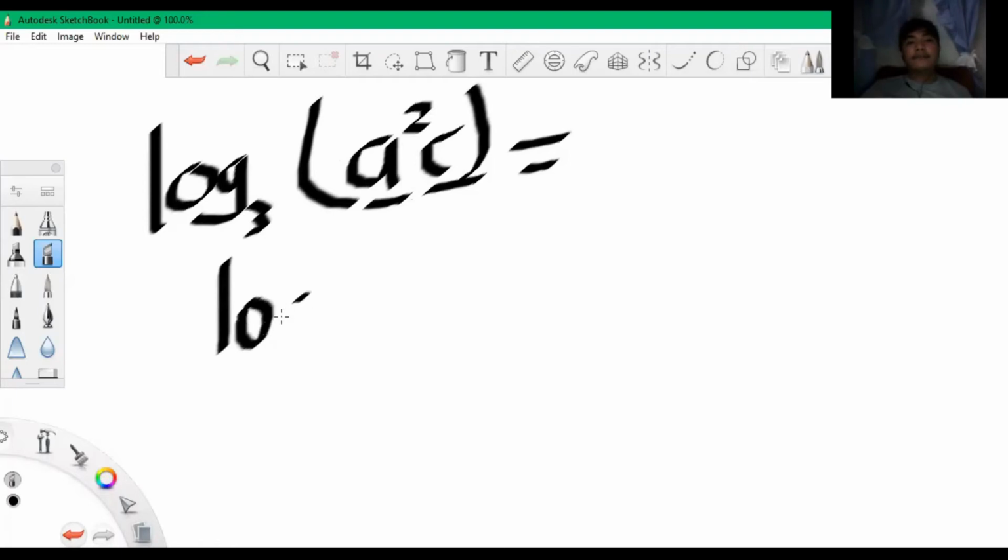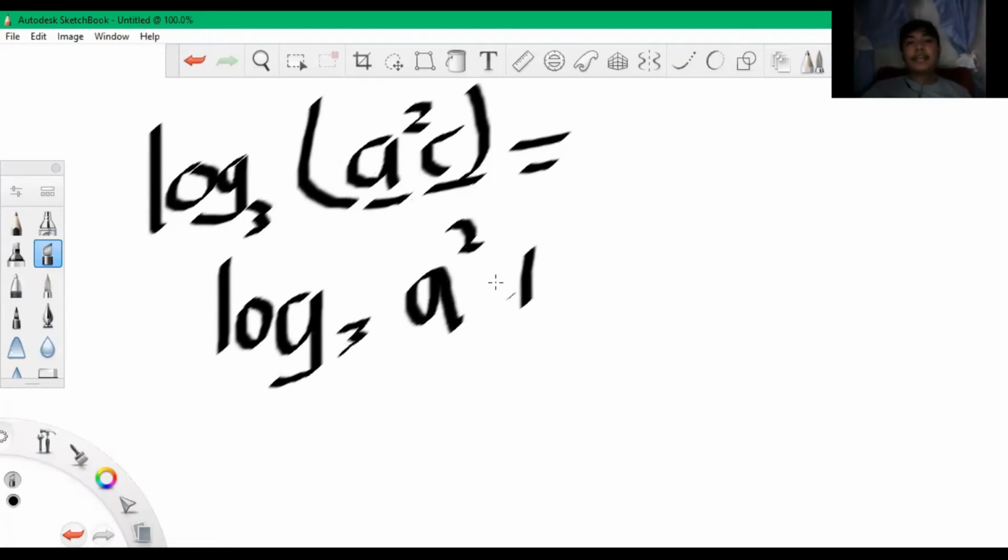We have the logarithm of a squared to the base 3 and it is separated by plus sign since this is a product rule. We are applying the product rule. We have the c and the a squared na magkatabi. So this is multiplication, the product rule. So write the logarithm of c to the base 3.